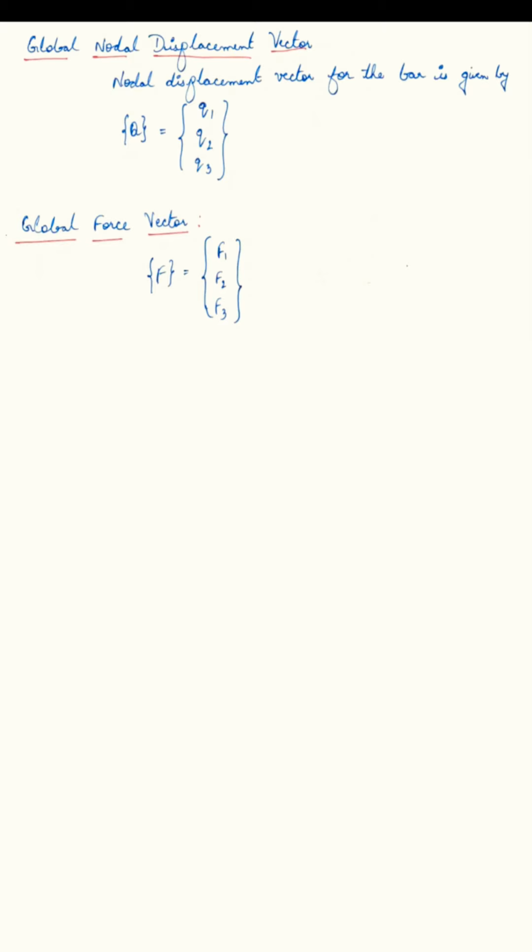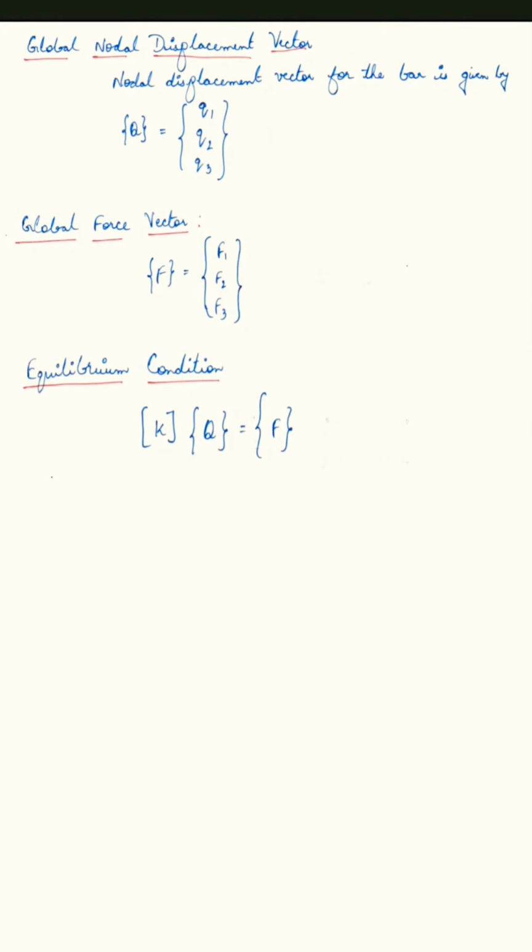So with these three, the equilibrium condition K into Q equals F can be formulated. But there is a catch here. If you observe the diagram, the node 3, which has a freedom of movement, will receive some amount of force which is present at node 2 as part of its displacement. Hence, F, the global force vector, will not remain the same.